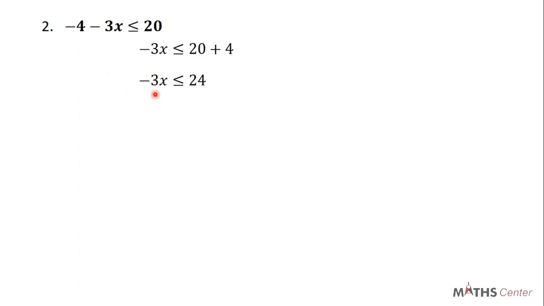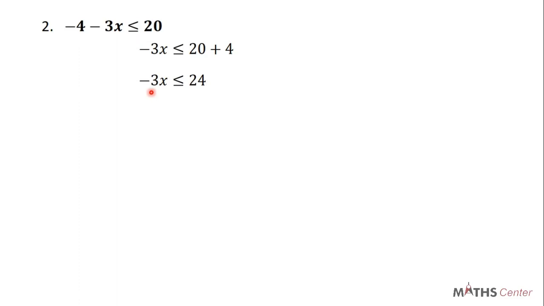Here, the number attached to x is -3, so you are going to divide through the inequality by -3. Now you have to take note of something here. In the introductory video, we said that when you divide through by a negative number, the direction of the inequality changes.